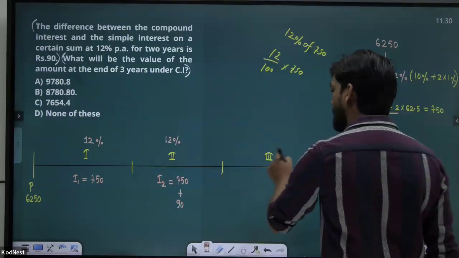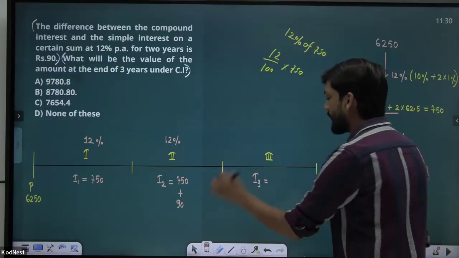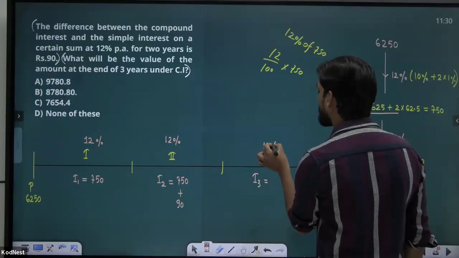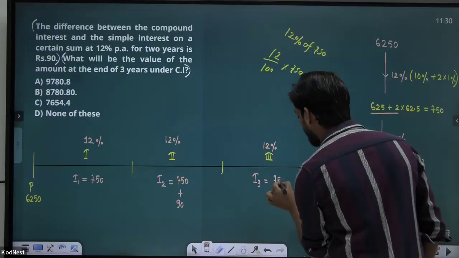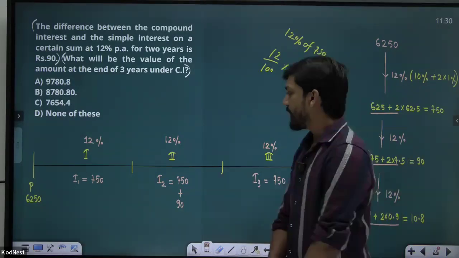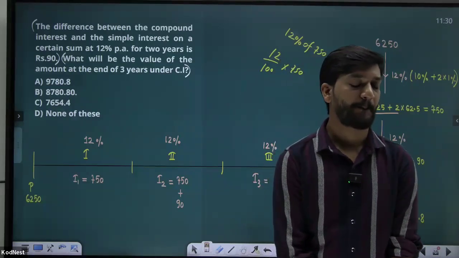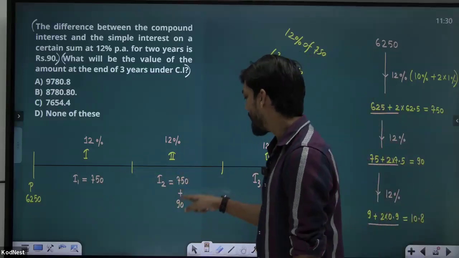All right. Come to the next one, I3. So again 12% of principal, I will write the same value, 750. When you stand here, how many previous interests do you observe? 3 numbers. Okay, don't say 2. 1, 2, and 3.